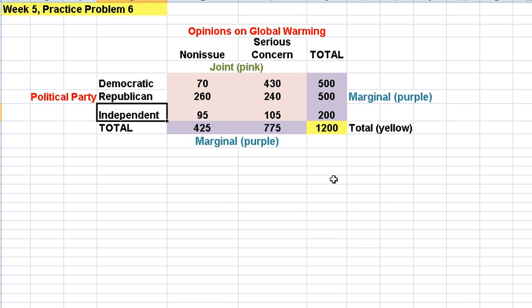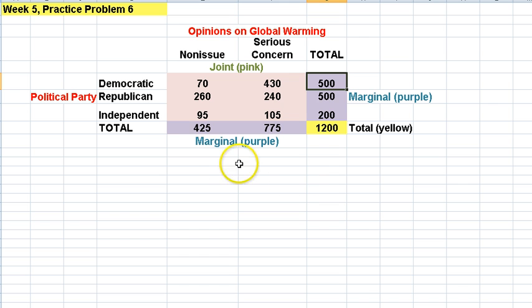Marginal values indicate single traits or single events. So I'm going to click on 500, and we see that our row label is Democratic. What this means is that 500 people who were polled indicated that they were affiliated with the Democratic Party.